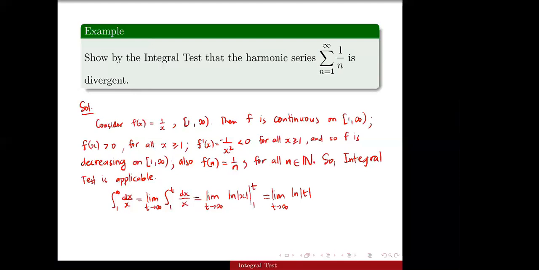Ln of 1 is 0, so I will not write it. But as t approaches plus infinity, this is equal to plus infinity. So the improper integral from 1 up to plus infinity of dx over x is divergent, and therefore the series 1 over n from 1 up to plus infinity is also divergent.